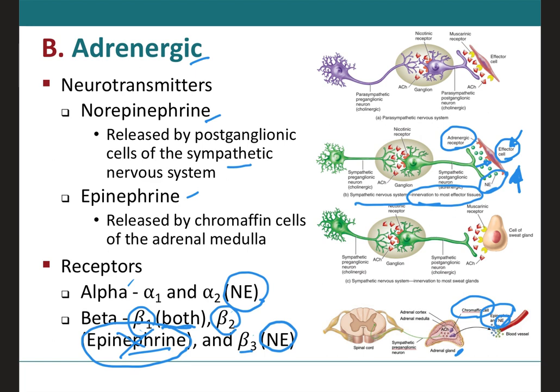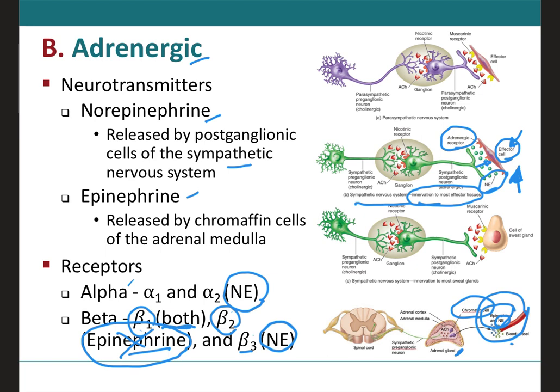So this is your fight or flight, right? You need all this increase of heart rate. You need all this blood circulating through your body to be able to respond to an emergency. In addition, the epinephrine that's released as a hormone will also be one of the major hormones that's involved in the stimulation of the sympathetic nervous system for this fight or flight response.